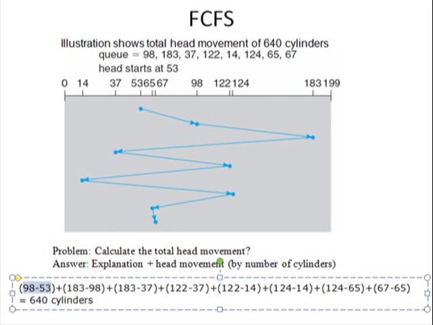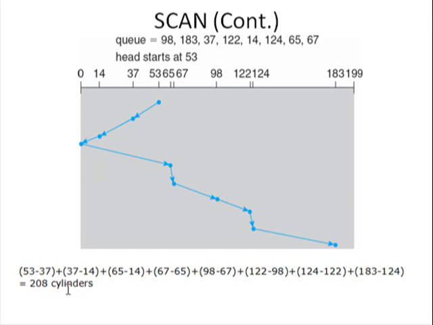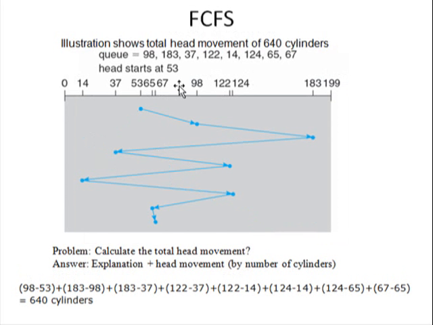The next movement will be from 98 to 183, so the difference is 183 minus 98. Next, the head moves from 183 to 37, so 183 minus 37. Then the head moves from 37 to 122, so 122 minus 37 will be the difference. That is the amount by which the head moves in terms of number of cylinders.